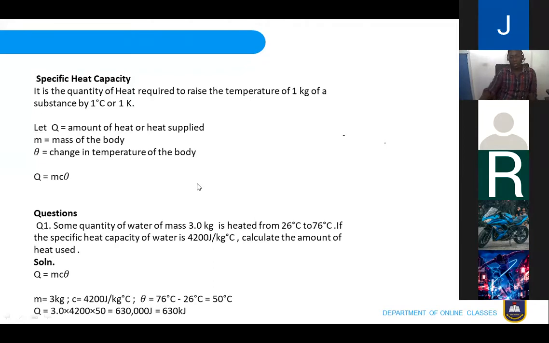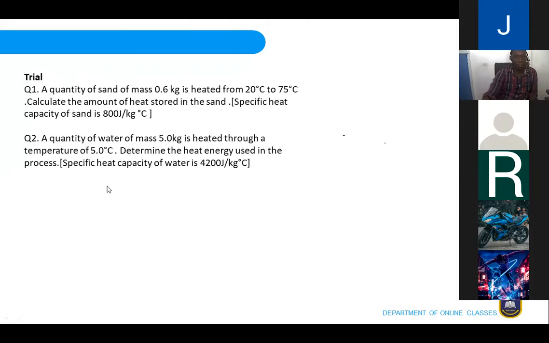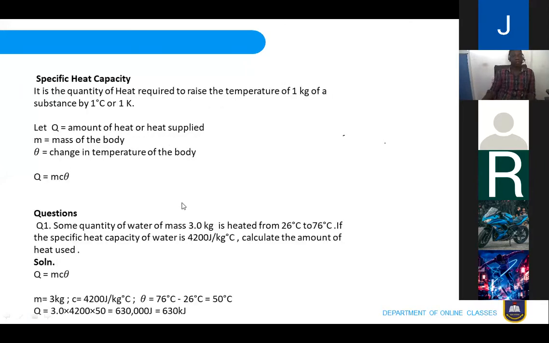Now we are moving to specific heat capacity. When we talk about specific heat capacity, anytime it is specific, that means mass is being included.